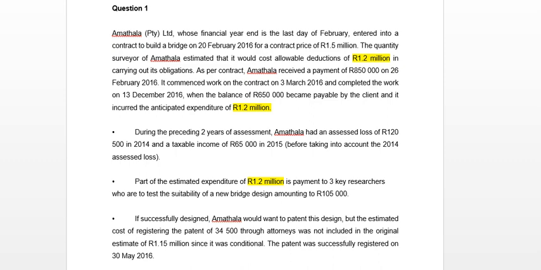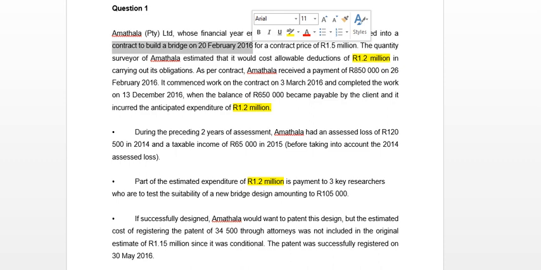Here they tell you that the financial year end is on the last day of February. So in other words, we look at a 2017 financial year. That means that the financial year end is 28th February 2017. But we entered a contract to build a bridge on the 20th of February 2016. Okay. So that is basically just before the end of the 2016 year of assessment.